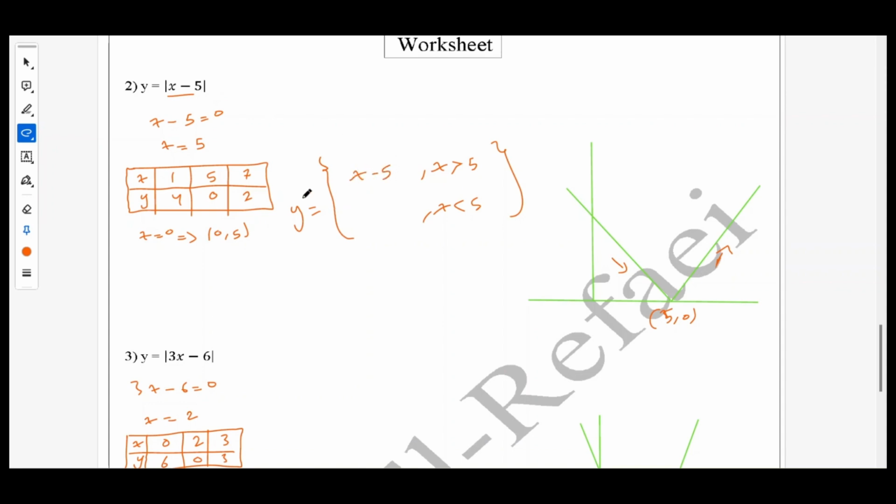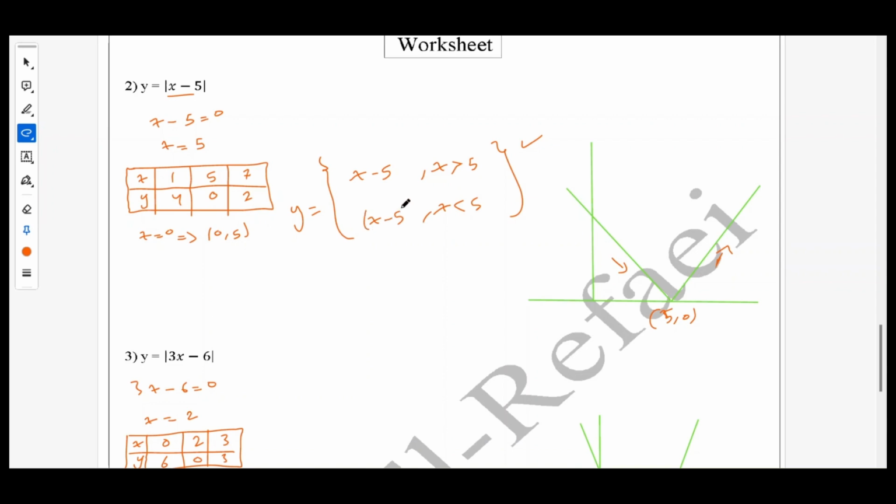Let's substitute 7. 7 minus 5 gives me 2, so this part is correct. Let's move to x less than 5. I'm going to write x minus 5. Substitute 1: 1 minus 5 gives me negative 4, and the answer should be 4, not negative.